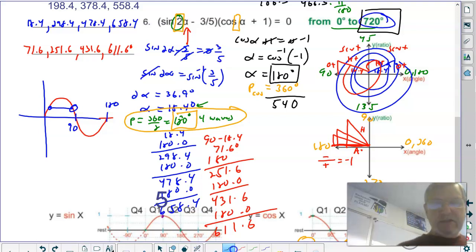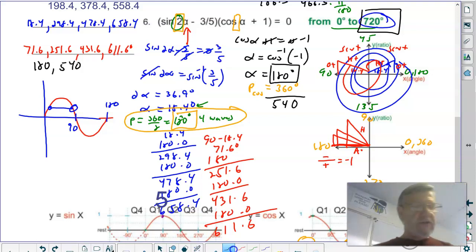So those are my last two values. 180 due to the cosine and the 540 due to the cosine. This thing had 10 values. And I think your worksheet had them listed vertically, and I think I had 10 spaces to help you out. But that's why there are 10 solutions.